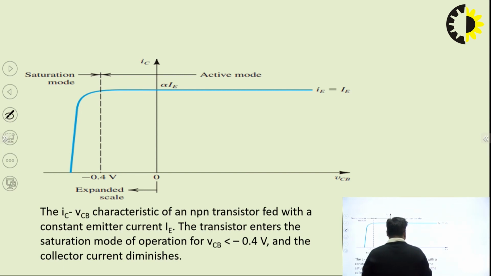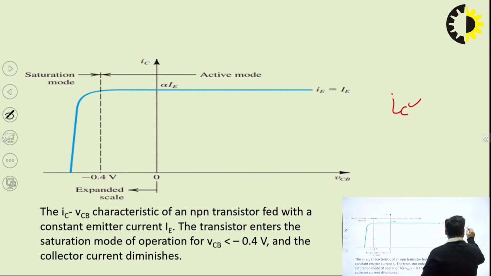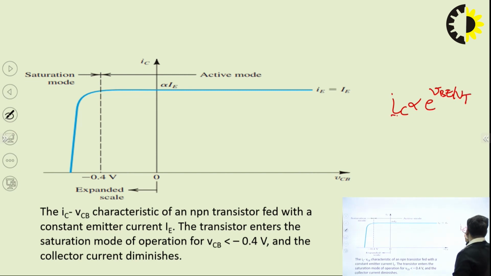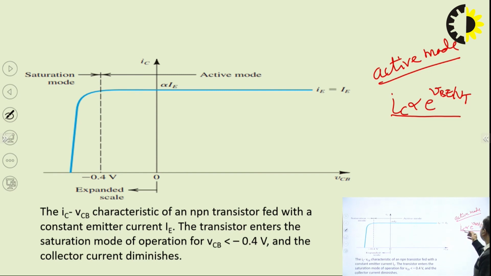So, this is the diagram. We have seen that in common base configuration in active mode, IC is proportional to VBE by VT. In fact, IC totally depends on VBE in active mode. In active mode, there is no variation in the value of IC with VCB.